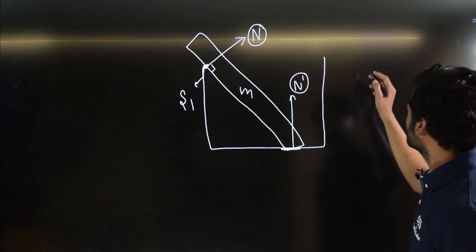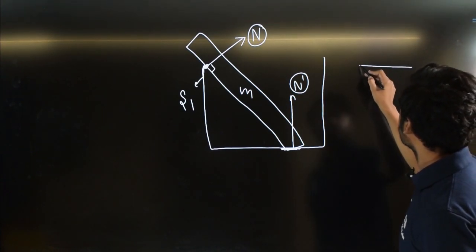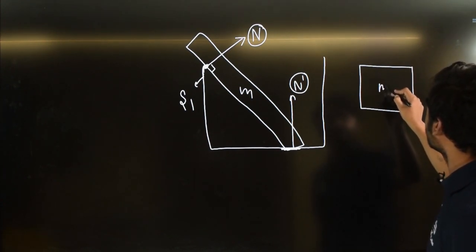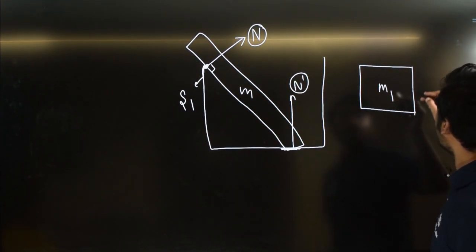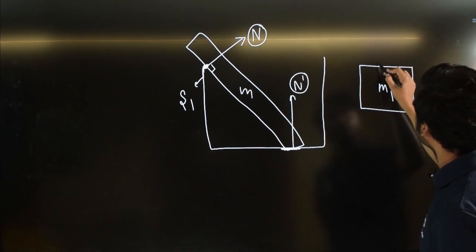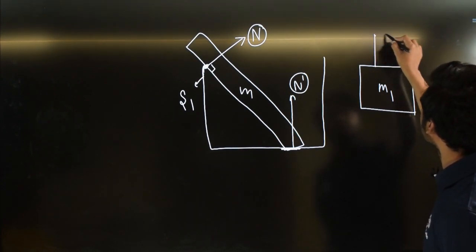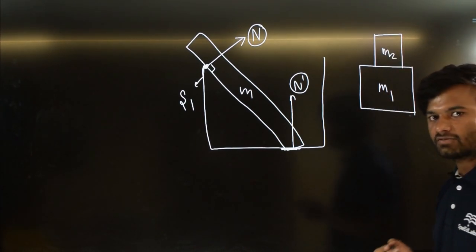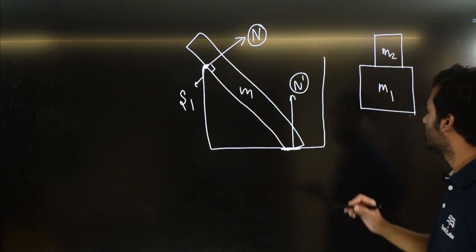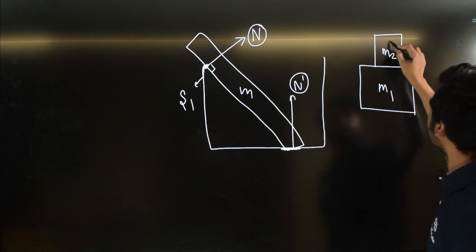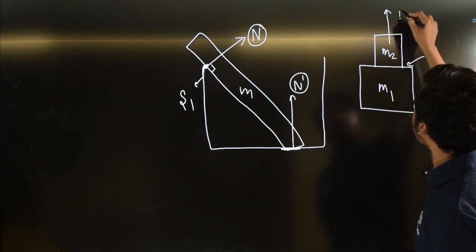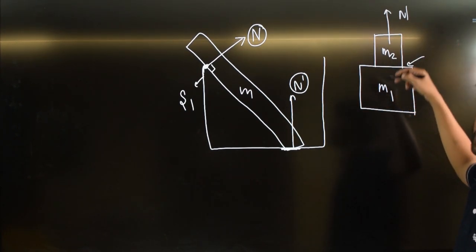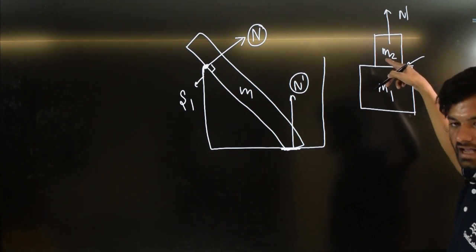Now similarly, let us take one more example. I have this block of mass, let's say m1, and I have another block of mass m2 kept above it. There will obviously be a normal reaction between these two masses. This is N dash, the normal reaction exerted by mass m1 on mass m2.